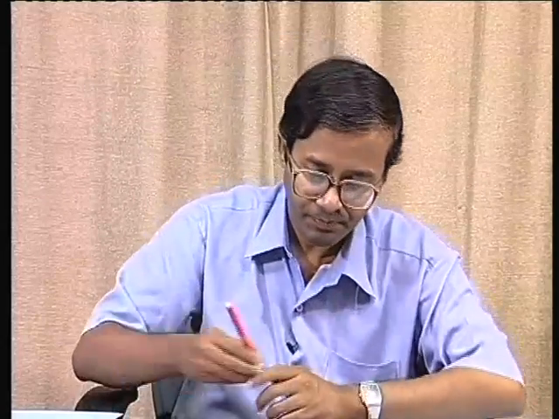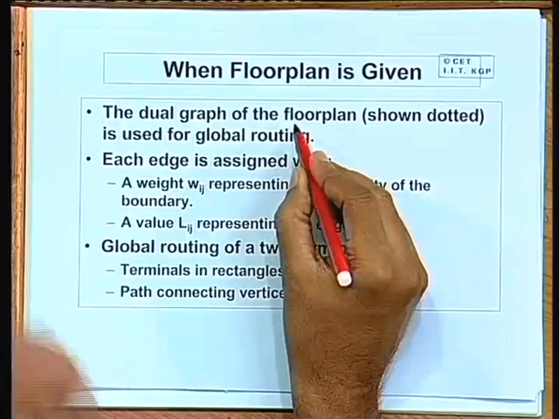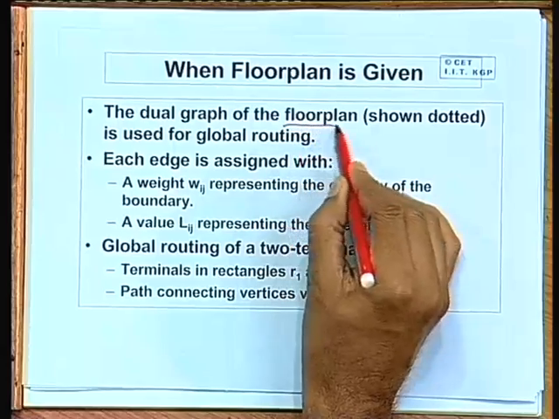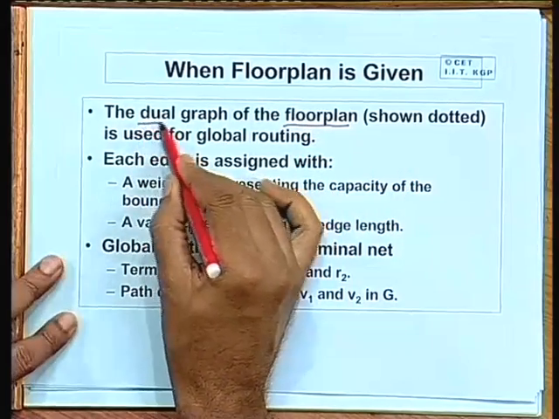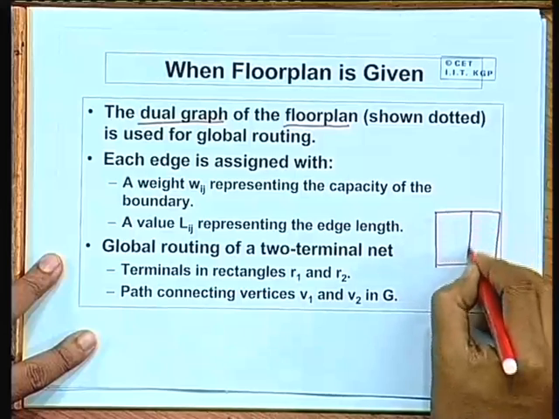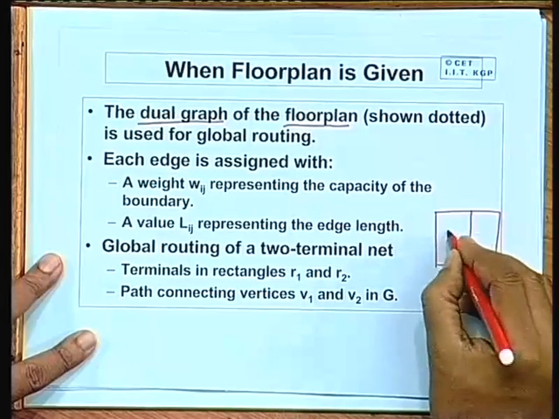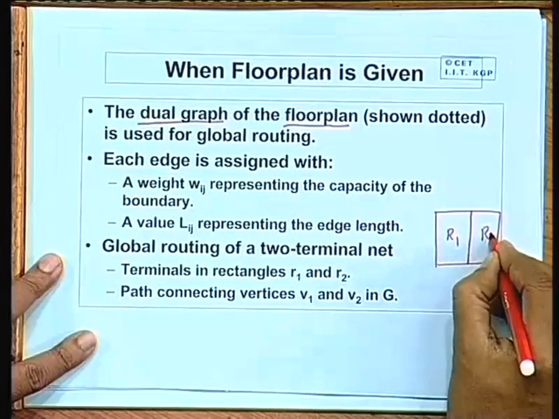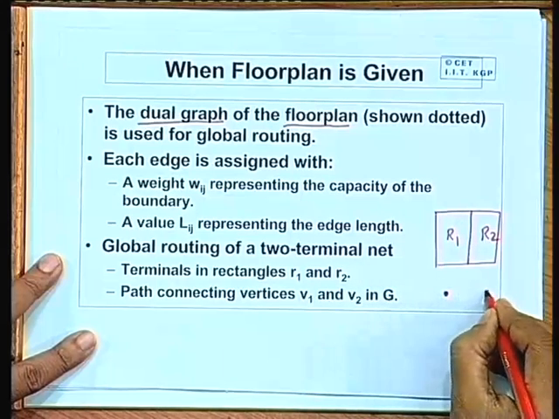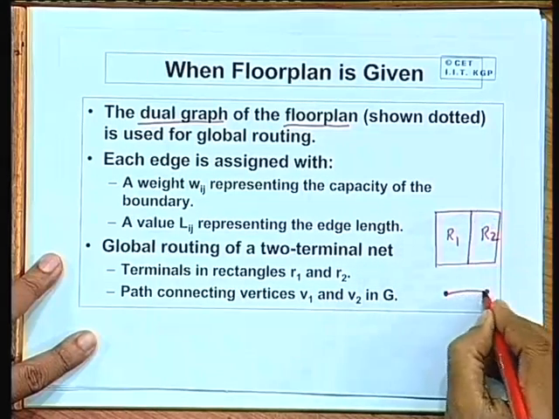How? Well, I have an example, I will show this. You have the floor plan, you consider the dual graph of it. Dual graph means, suppose in the floor plan, if there are two regions, R1 and R2, then in the dual graph, the regions will be indicated by vertices and the boundaries will be indicated by edges.